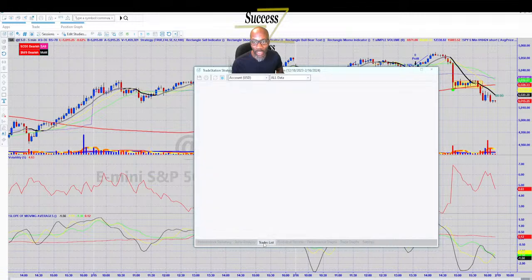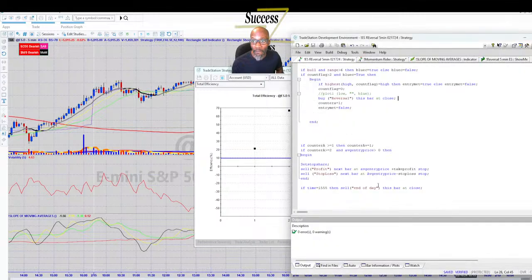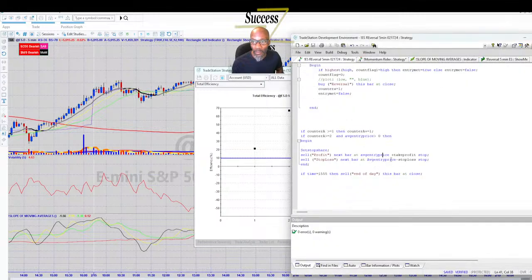And then what is the trade graph? Okay, so once we get into a position, we have the average entry price. We're going to sell the next bar at the average entry price plus.